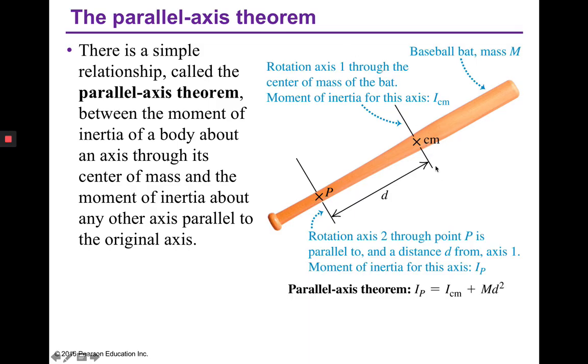If I had an axis of rotation right here, meaning I want to rotate the bat around this axis, somebody's already found that moment of inertia for me. I know that number. Now I want to rotate it down here. So I take the old moment and add the total mass of the bat times the distance I moved the axis, squared.